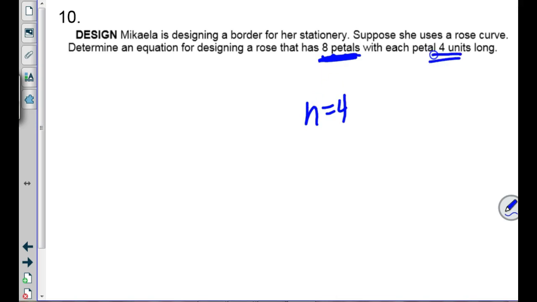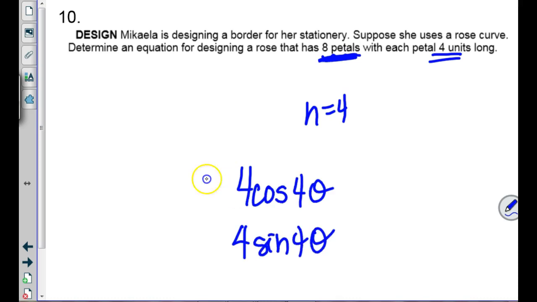And the petals are 4 units long, so there'd be a 4 out front. Doesn't say what kind of symmetry, so you could do cosine or sine, I think. See if those make a rose for her that has 8 petals, 4 units long. Somebody check in?